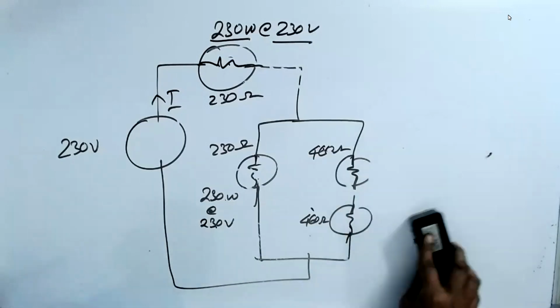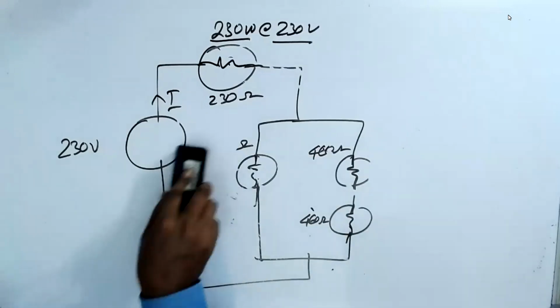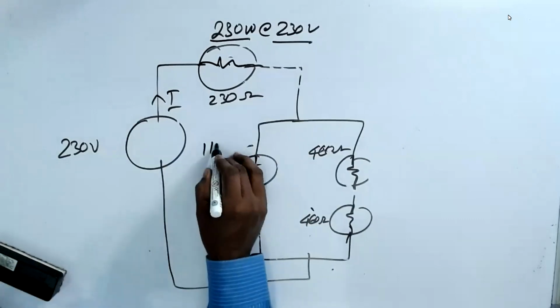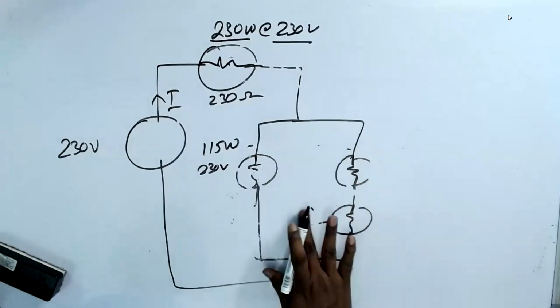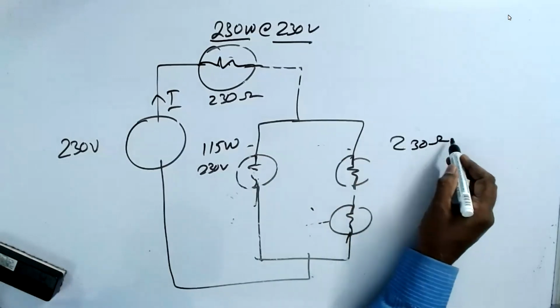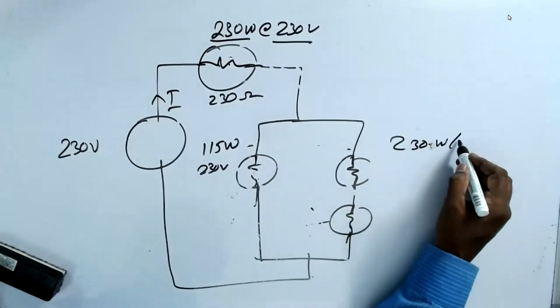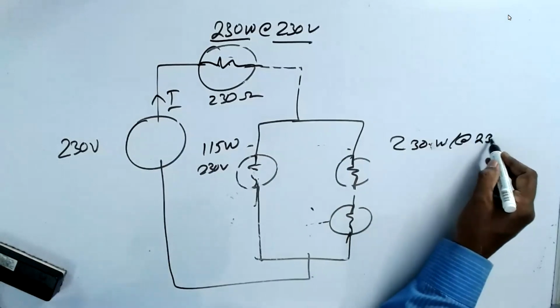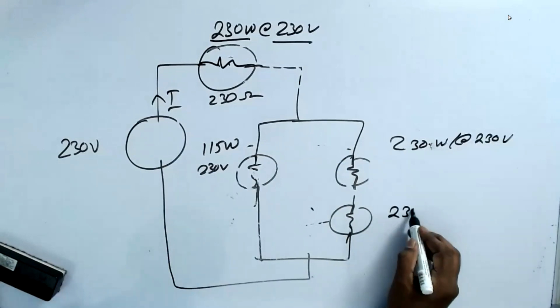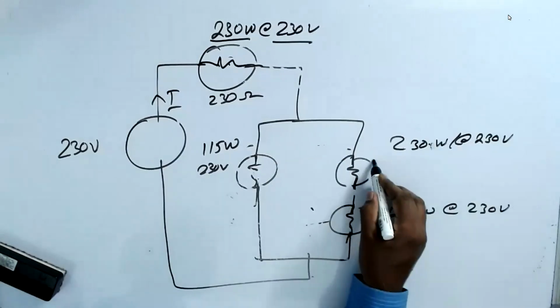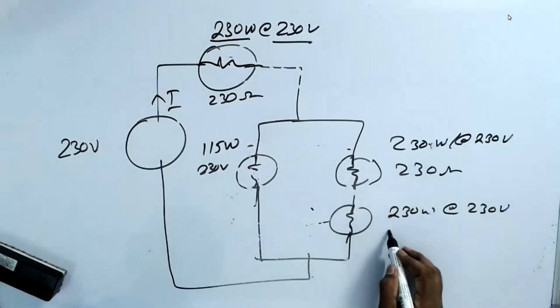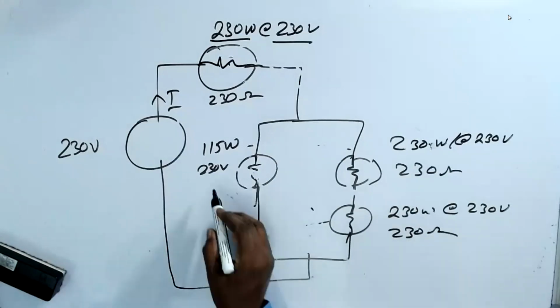I wanted to do something different. So this is 115 watt at 230 volts. These are all 230 volt, 230 ohm. Easy to do that. That's why I wanted to change it. So this is 230 ohm. This is 230 ohm. This is 460 ohm.